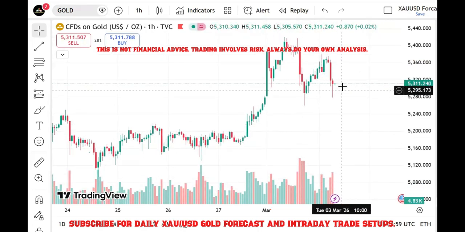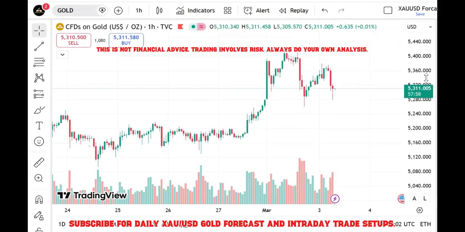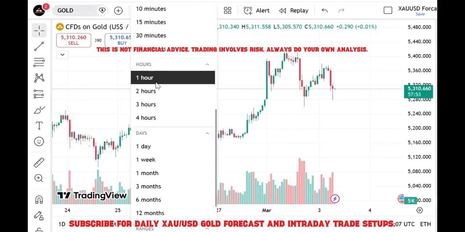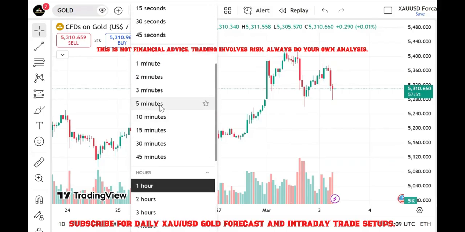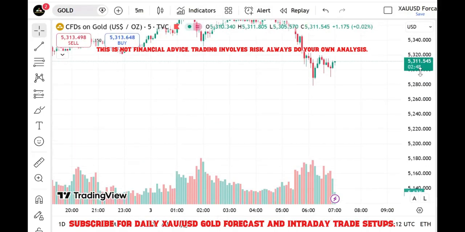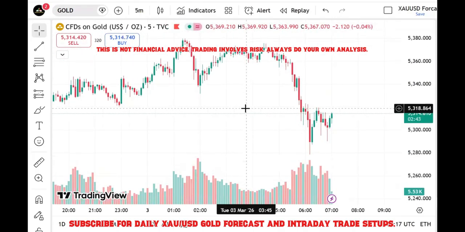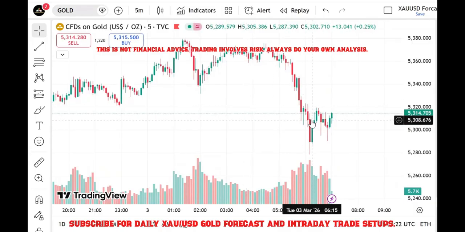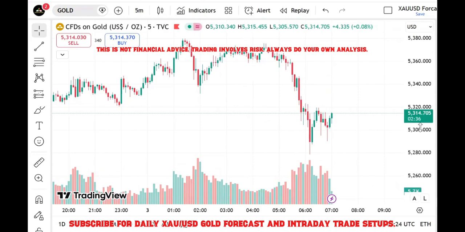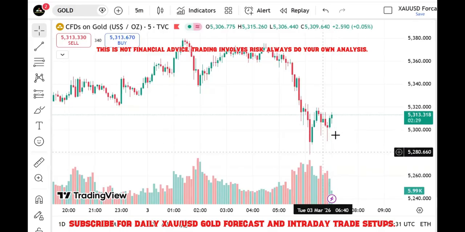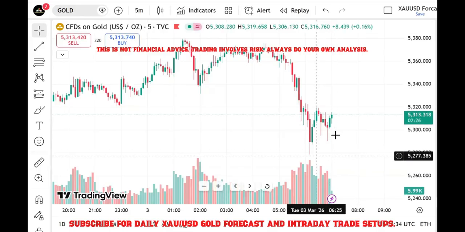But now looking at today's March 3rd, 2026 price action on the 5 minute chart. Let me change my chart to 5 minutes. Gold opened strong, pushed up around 5,450 in the early session, and then we saw a sharp sell-off that brought price all the way down to 5,278.